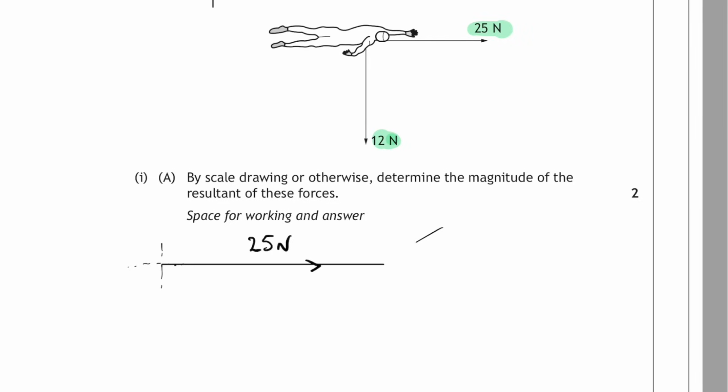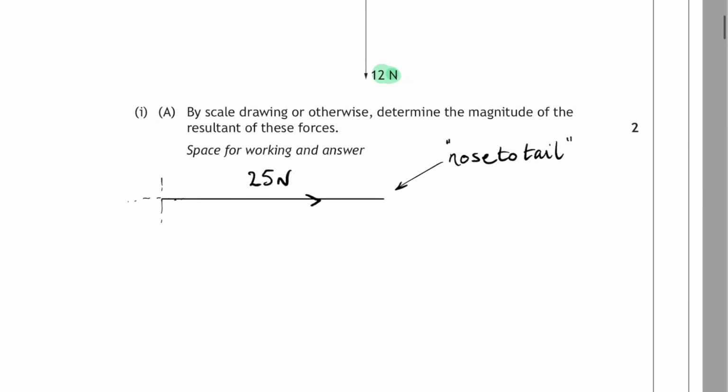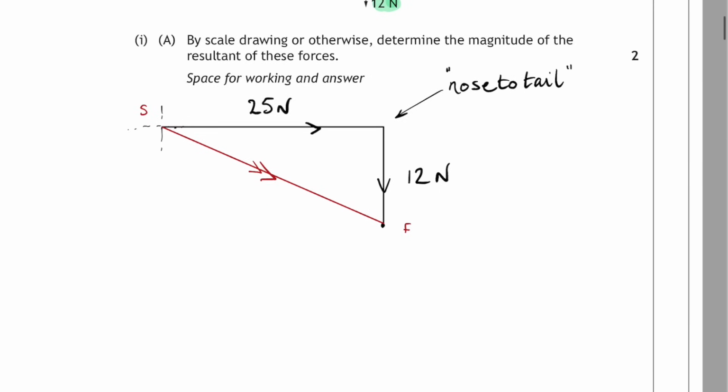And then at the nose of the first one, we're going to put the tail of the second vector and then draw the 12 newton vector straight down the way. And then I can also mark on my start and finish point, and draw a line from start to finish that represents where we came from, where we went. I'm doing it in red there and putting a double arrow to show that that's the result of adding those two forces together as vectors.